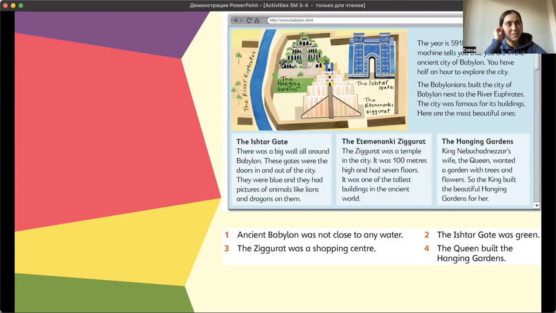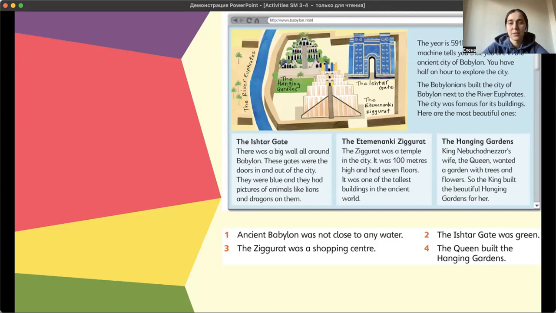The previous task with the time machine is great, so you can discuss what students would do if they travel in this time machine. But this text I also skipped. So I decided to look at it, and I have some ideas how we can present this information.